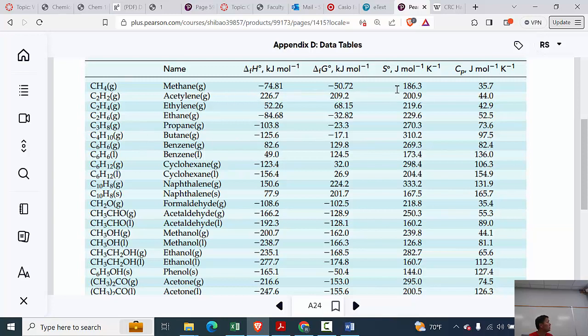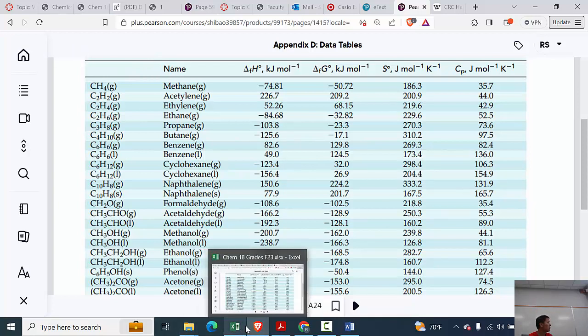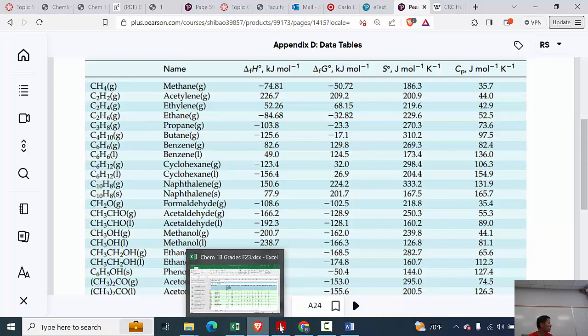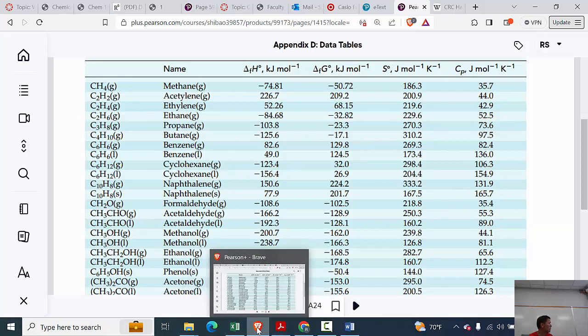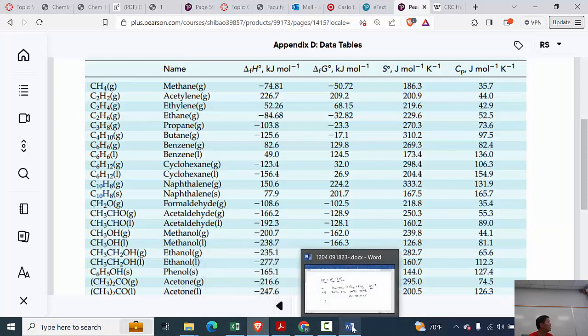So let's get methane, since we're already here at methane. The entropy here is 186.3. It's a gas. This is a little lower than what I was saying, but it's close. 300 I said, but it's a bit lower than that. 186.3.